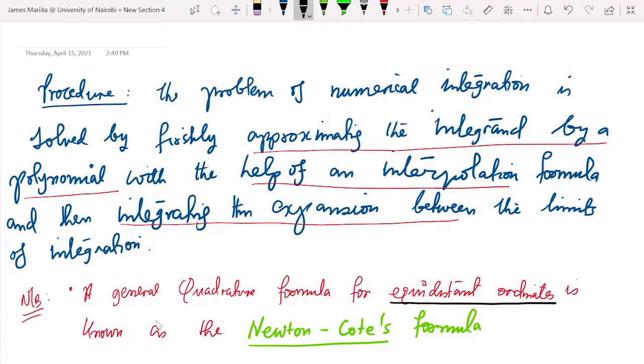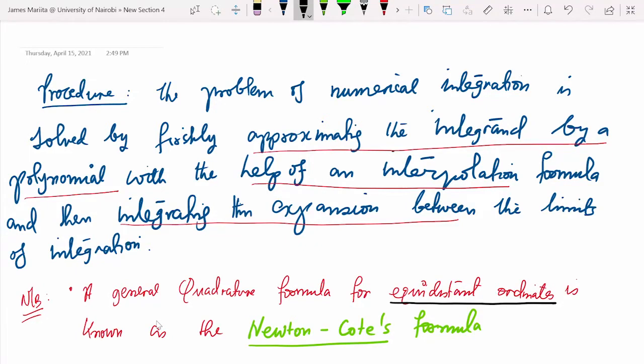And of course, the Newton Cotes formula will depend on the number of points that we consider, as we are going to see. Under this, we are going to have quite a number of sub-formulae based on the Newton Cotes formula. There are going to be around 4 or 5 of them, and we will look at each one of them.